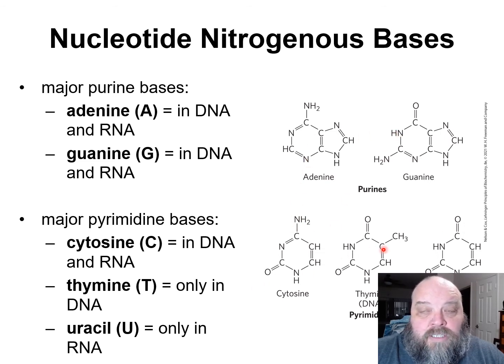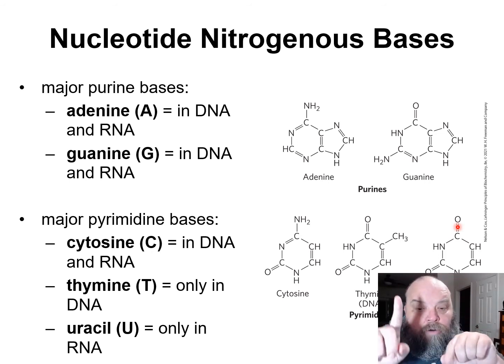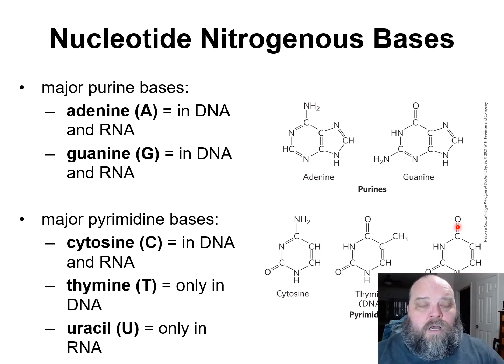A, G, C, and T are DNA. A, G, C, and U, RNA. Notice, yes, A, G, C is found in all RNA, DNA. It's the T and the U that are not interchangeable, will be found with one or the other. T goes to DNA, U goes to RNA.